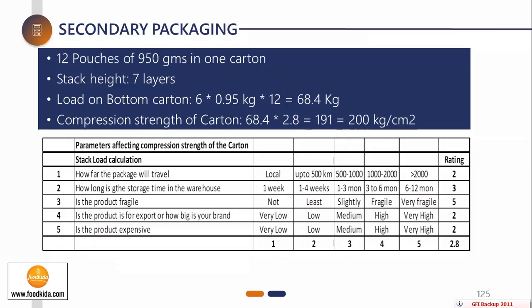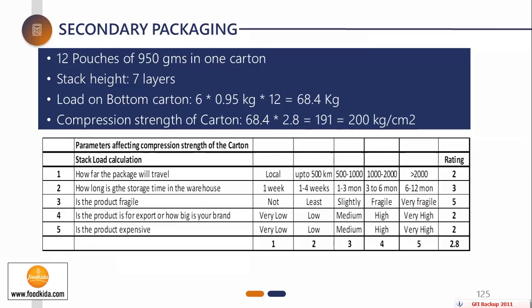And you will also have long standing time at the distributor end or even your own warehouse. Then it will go to the distributor, and he will stack it as he wants. Even if you specify that the stack height should not go above 5 layers, because of space constraints he will do an 8-10 stack. So you have to factor in all these things.